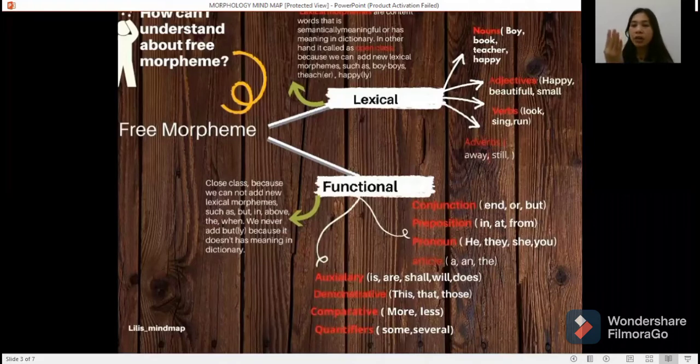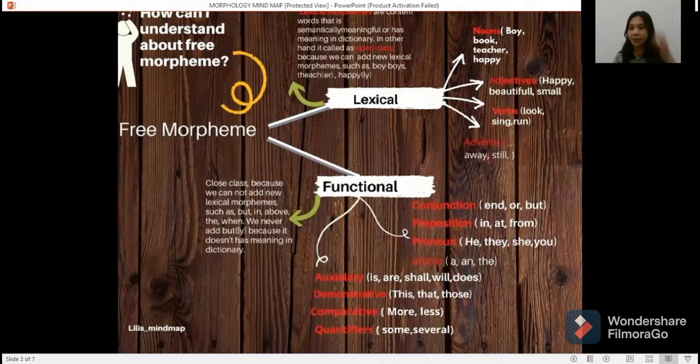There are four types included in lexical. The first one is nouns. You know about nouns, guys. I think this is not strange for us as students of literature, right? Boy, book, teacher, little book, teach, table, and etc. The second is adjectives: happy, beautiful, small, short, high, tall.